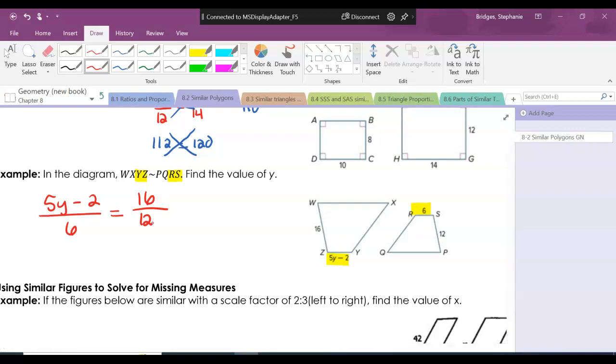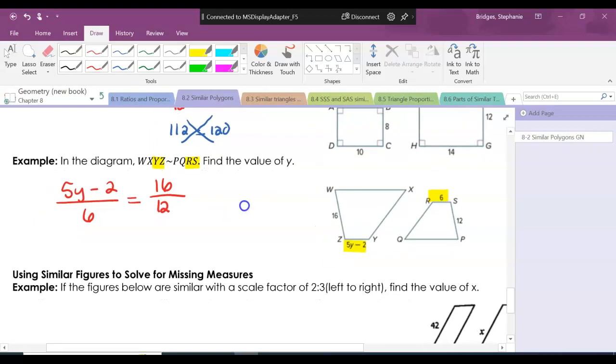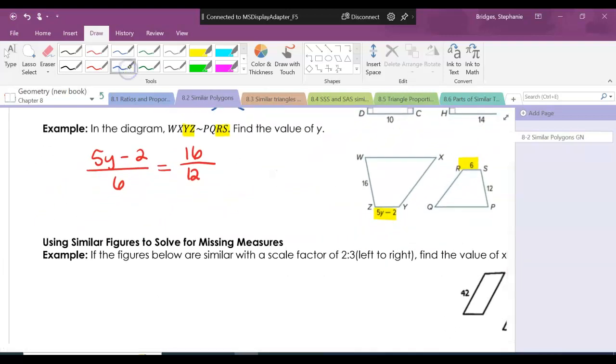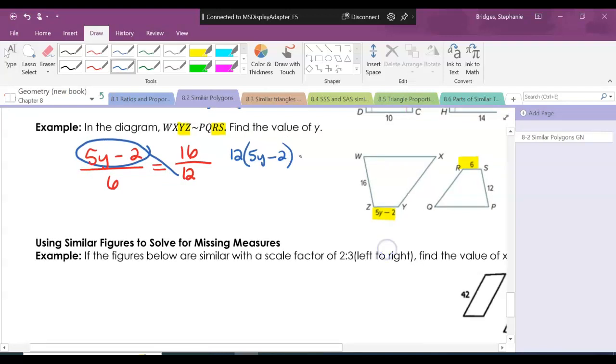Anybody have any questions so far? How do we solve proportions? Cross multiply. So let's start. I want to multiply 12 times this whole thing. So I want you to do 12, parentheses, 5y minus 2. Put an equal sign. And then what is 16 times 6?